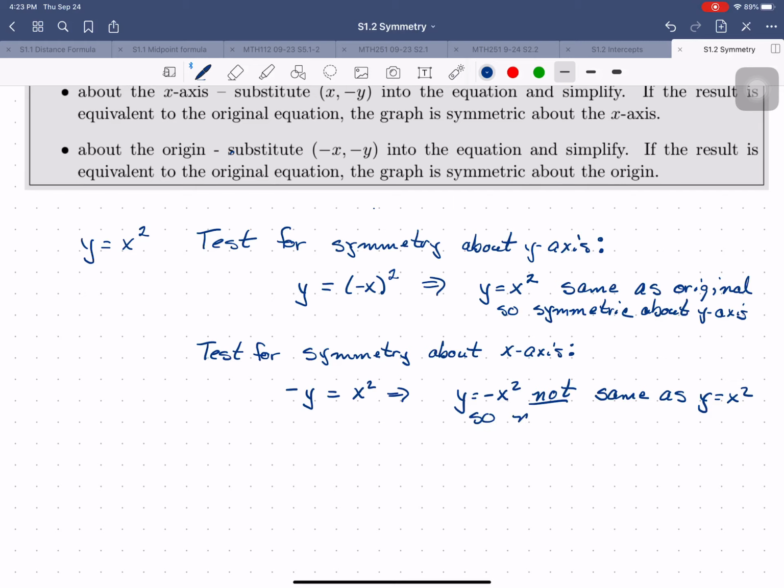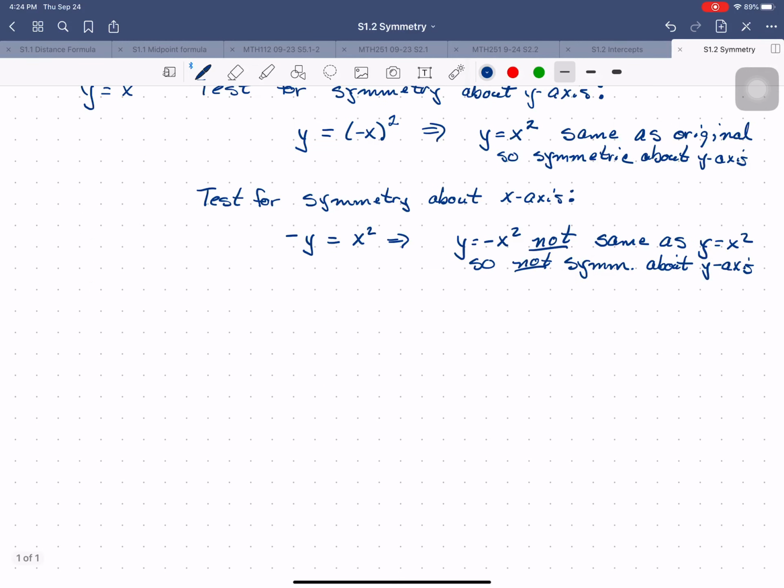So my function is not symmetric about the x-axis. Let's try the origin. And again, we know this is going to fail because we know what this function looks like.